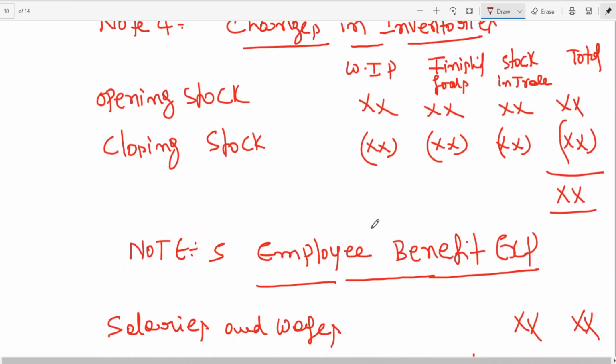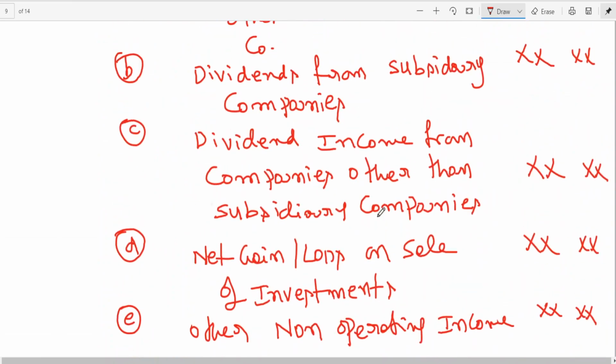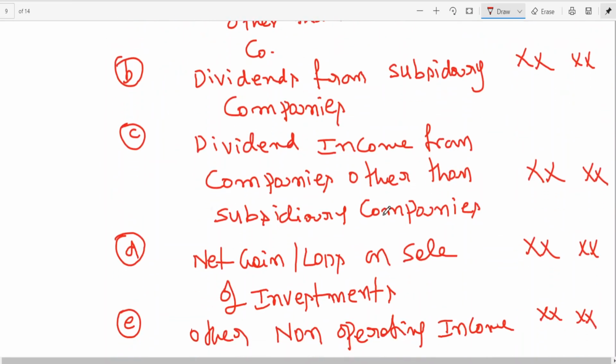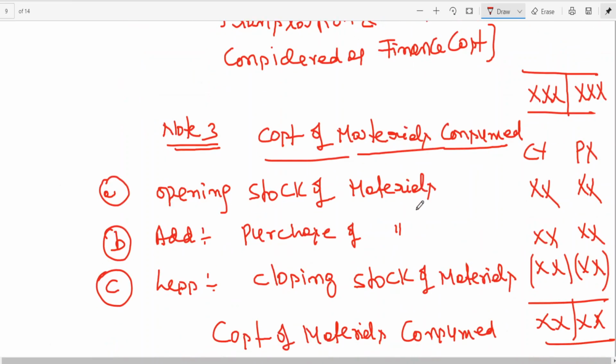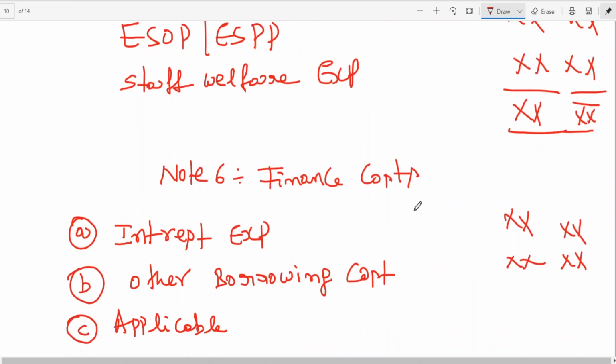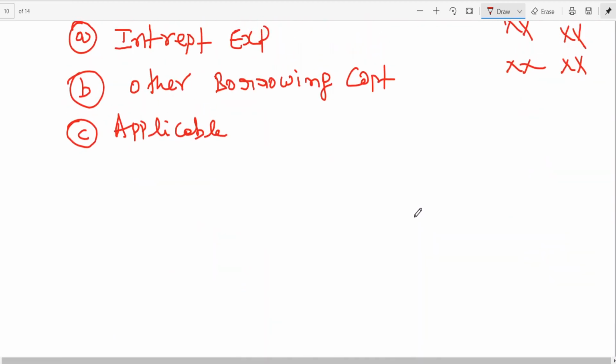If it is not related to finance cost, it will be taken under other income. Are you following? Like interest on loan on foreign funds, you'll be converting into Indian currency.